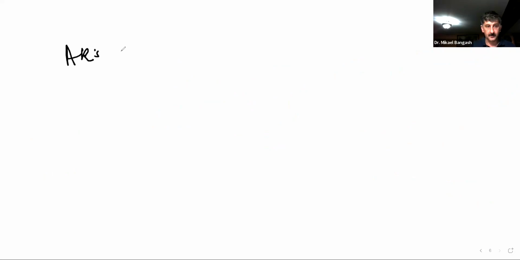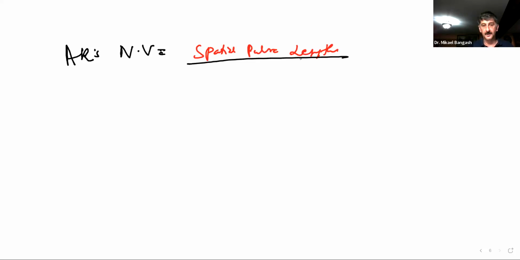It's really not rocket science. So your axial resolution numerical value is going to be your spatial pulse length divided by 2.